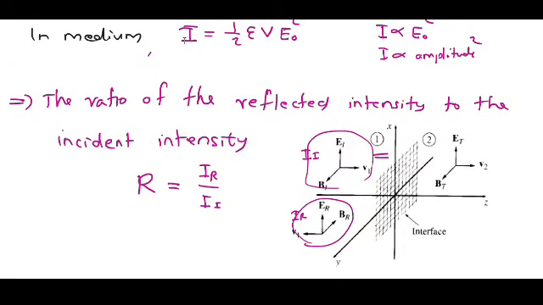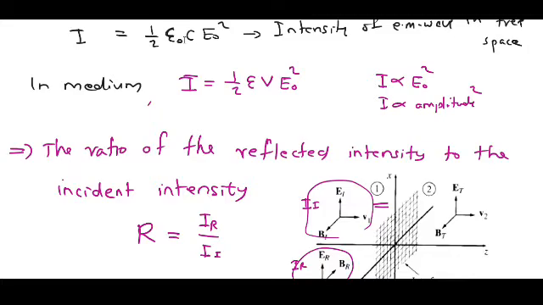Therefore, while substituting the expression for the intensity, IR is half epsilon 1 V1 E0R square, and I incident is half epsilon 1 V1 E0I square.